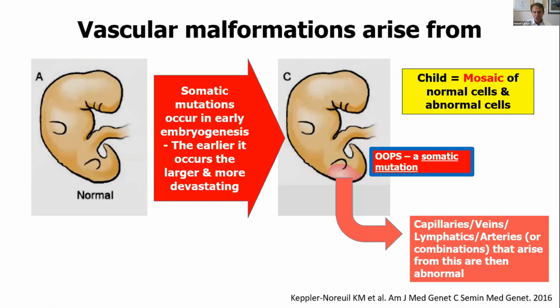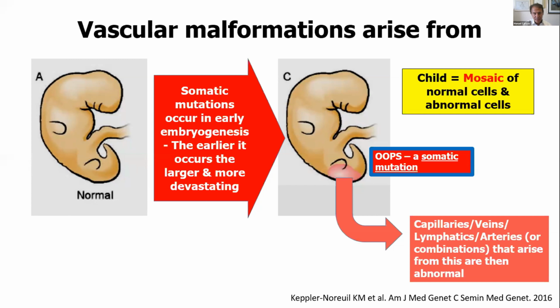So somatic mutations occur in early embryogenesis. It could occur in the first few days of embryogenesis, or the first 1 or 2 or 3 weeks. And the earlier that it occurs, the larger and more devastating the ultimate impact is. So complex lymphatic anomalies probably arise from mutations that occur much earlier than some of the simple lymphatic malformations that we see.